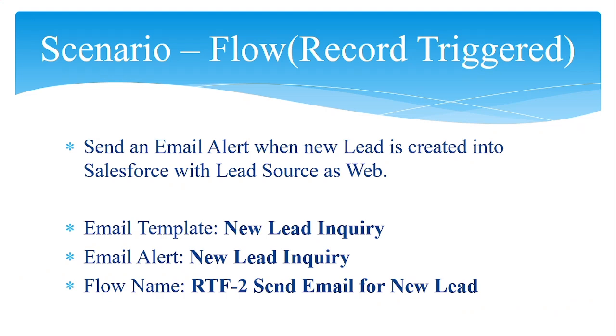In this series, we are going to see the next scenario, that is sending an email alert when a new lead is created into Salesforce with lead source as web.